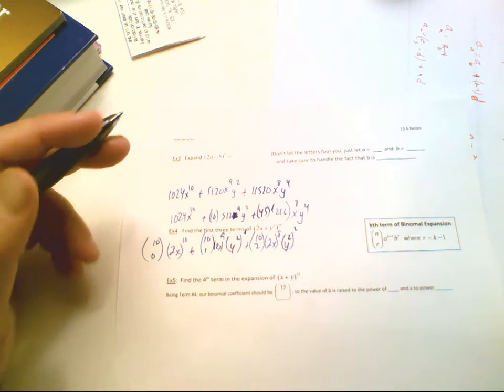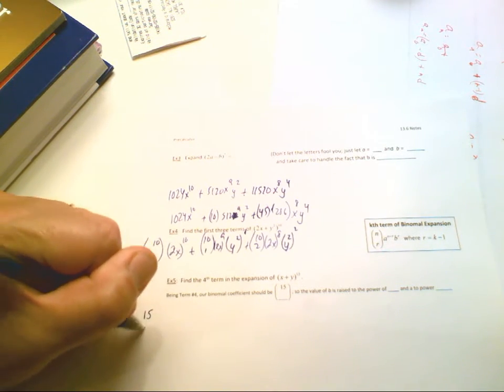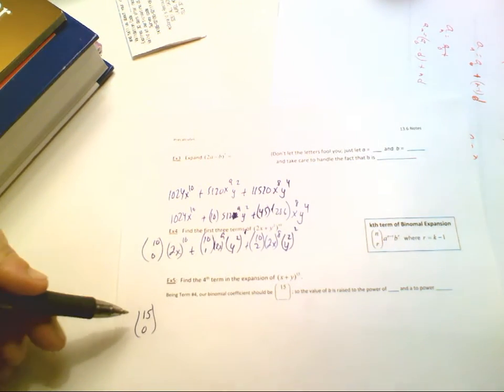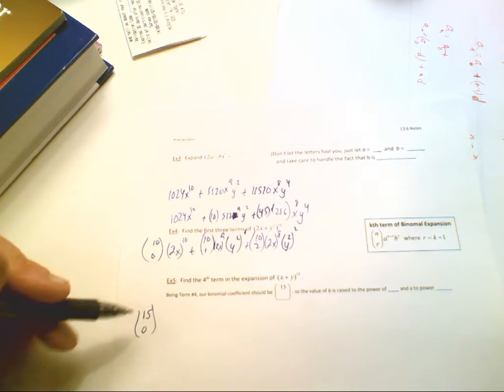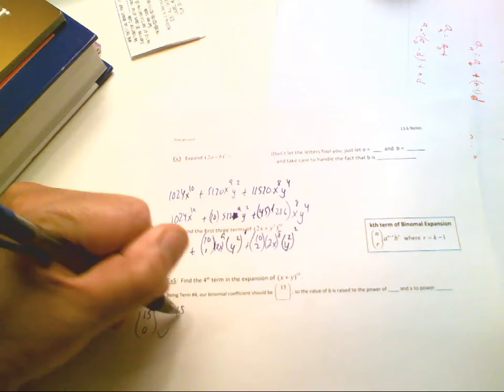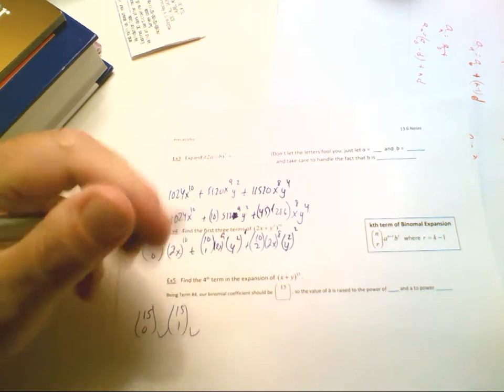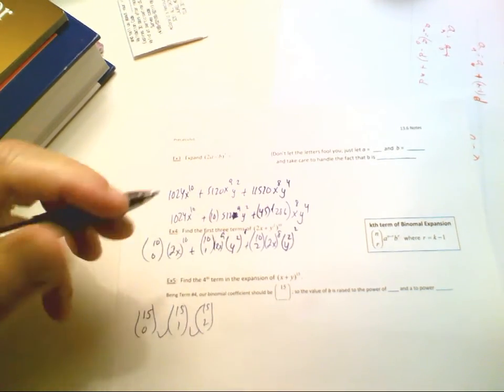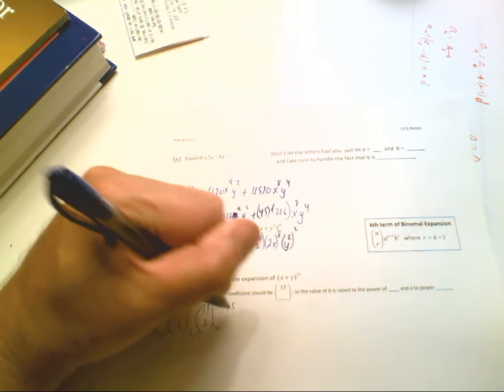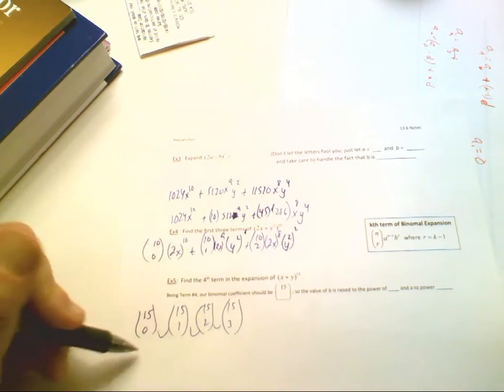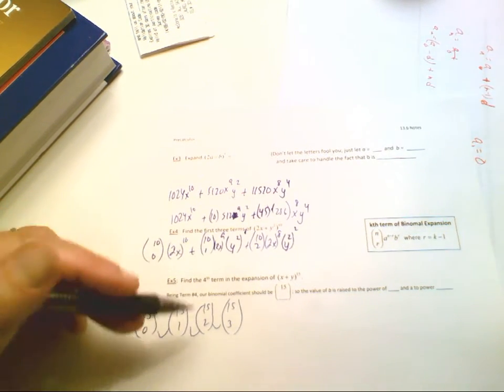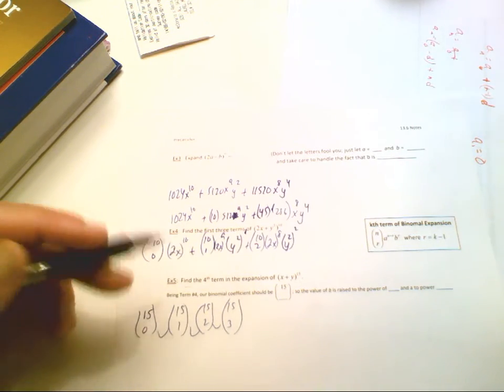So the first thing I know is my first term would look like this in terms of its combination family member, and then I'd have a couple other pieces. My second term is going to have a 15, 1. Third term, 15, 2, and the next term is going to be a 15, 3. And by the way, doesn't that match up with the fourth term? It sure does.